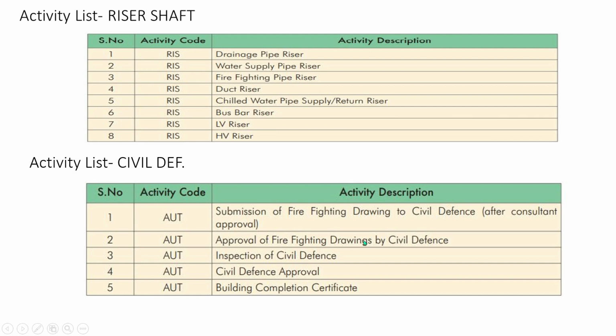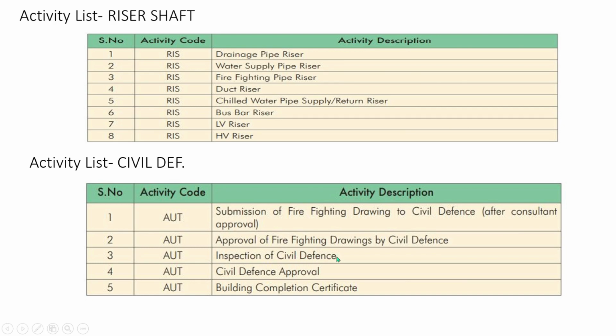Approval of firefighting drawings by civil defense. Once it's approved, once you install everything, and you do the testing and commissioning by yourself, you can approach the civil defense office or else you can apply for the inspection from the civil defense office.